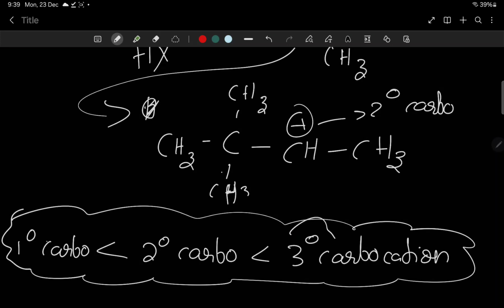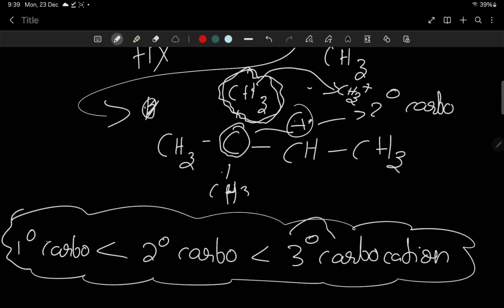Here we can see a methyl group, and a quaternary carbon with 4 carbons attached to it. This plus charge wants to go to this carbon. If one CH3 group leaves from here, this carbon becomes a tertiary carbon. So this plus charge will remove the CH3 group, and the plus will go to this carbon.